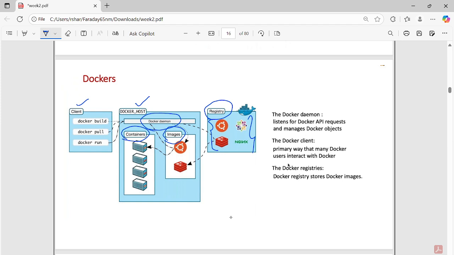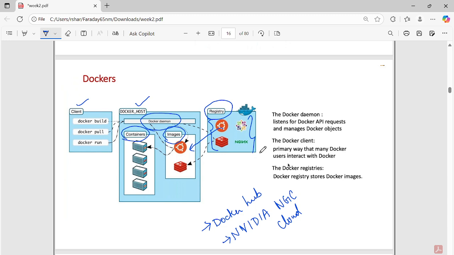One is the registry from Docker Hub, and the other is the registry from the NVIDIA NGC cloud. So we can pull those containers.